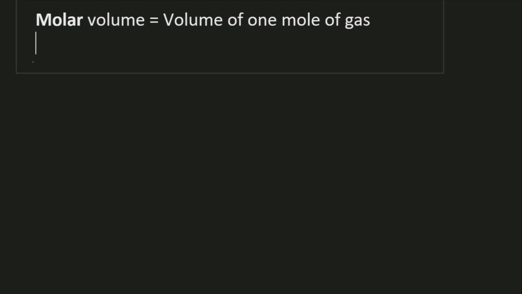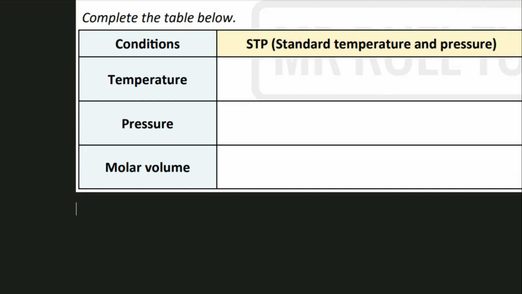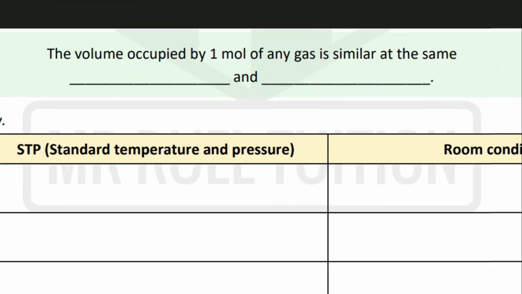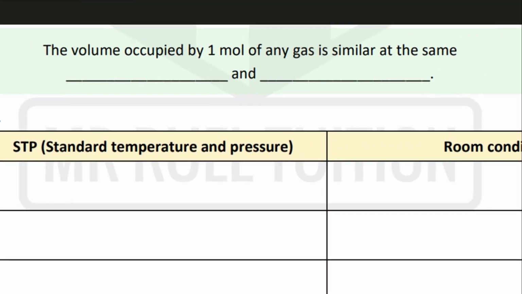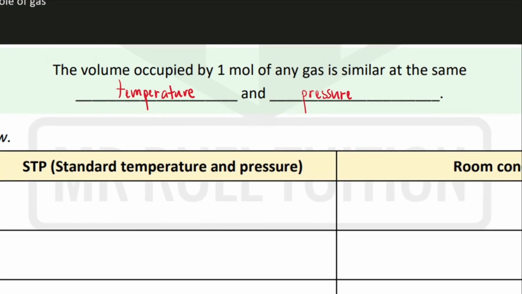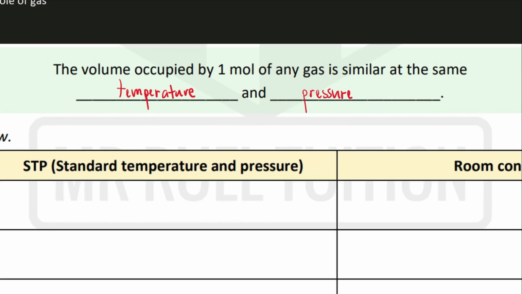However, unlike molar mass, which is dependent on the type of substance, the molar volume is constant and it only depends on 2 things. The volume occupied by 1 mole of gas is similar at the same temperature and the same pressure. If the temperature and the pressure are the same, the volume occupied by 1 mole of gas is the same.